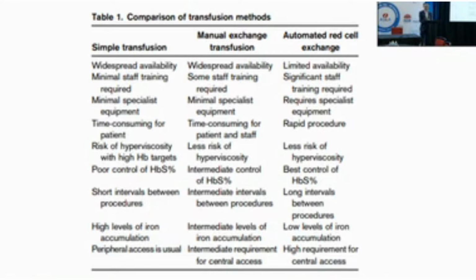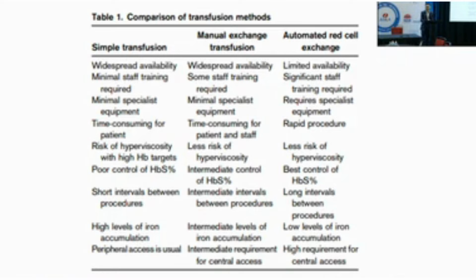There are some advantages and disadvantages of these different types of transfusions. So simple top-up transfusions, of course, are easier to perform and more available in different centres. And exchange transfusions can lower the HbS percentage more optimally. However, you would need specialised staff, specialised machines, and of course adequate vascular access.